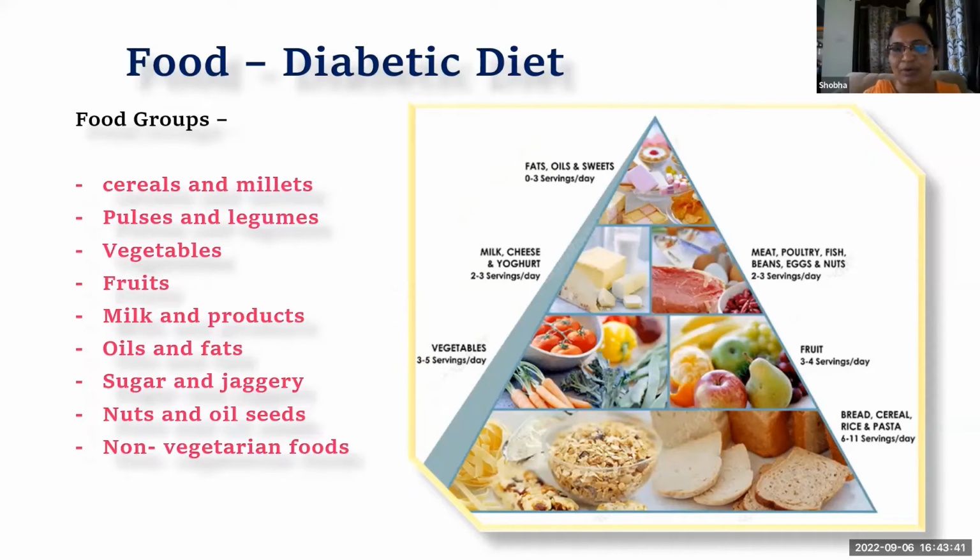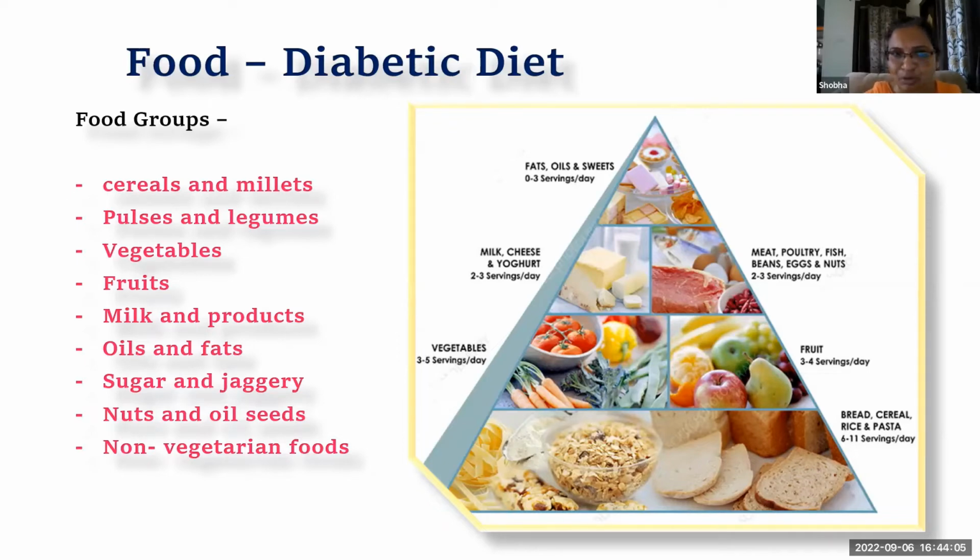You should not skip any of the foods from any of the groups, so that you have variety in the diet. You don't miss your micronutrients, you don't reduce your fiber intake, and you don't feel like you're eating for a sick person. You should have the psychological aspect of nutrition, like you enjoy your meal and you don't make your meal sick.